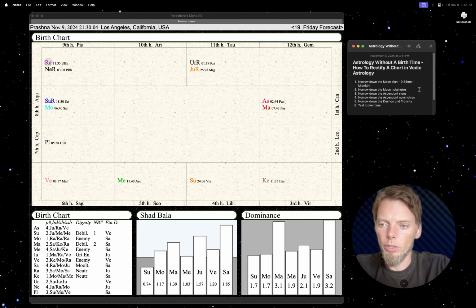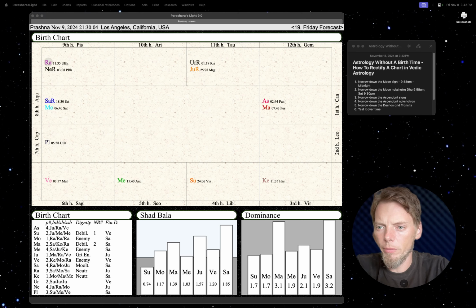So we know the moon is in Satabhisha at 21:30. So that's 9:30 p.m. And it's in Dhanishta at 9:58 a.m., before that, right?